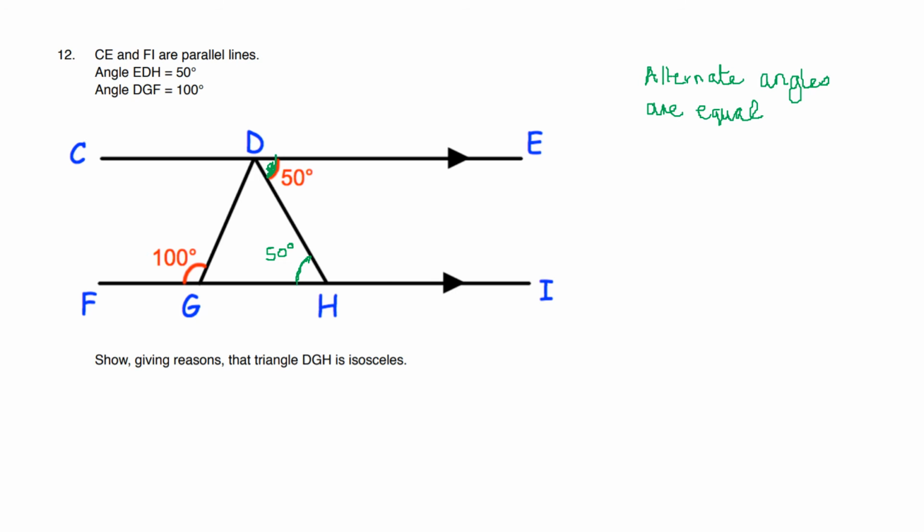And let's have a look here at this angle of 100 degrees. Okay, these 2 angles are supplementary because they're going to sum to 180 degrees. So that's going to be 80 degrees. So that's a supplementary angle.